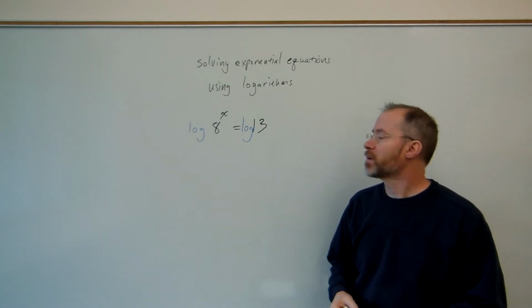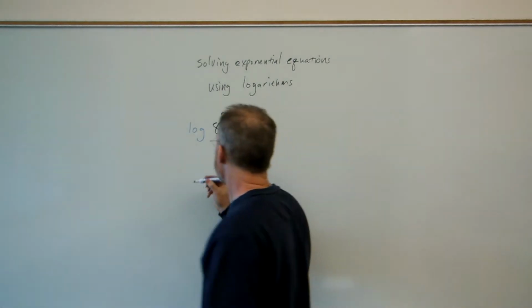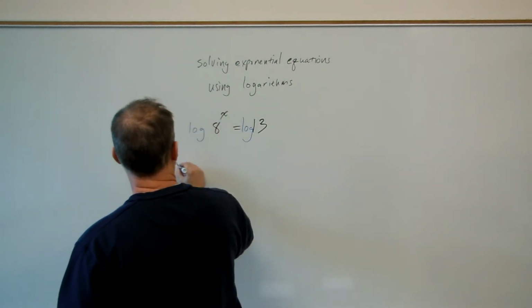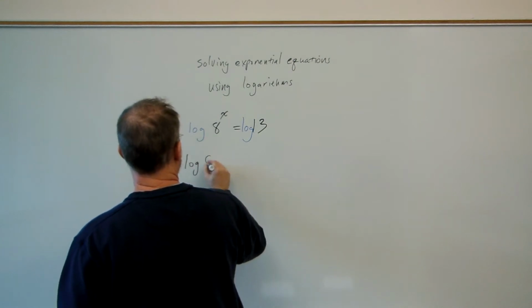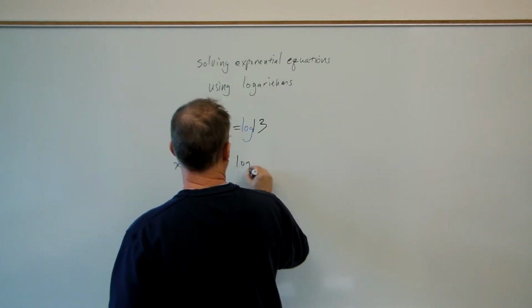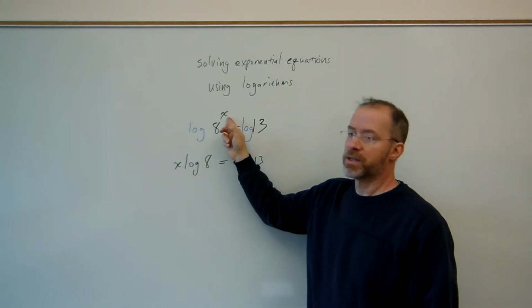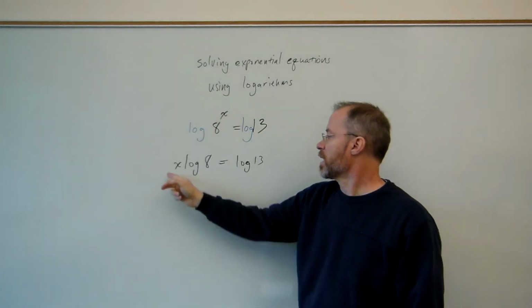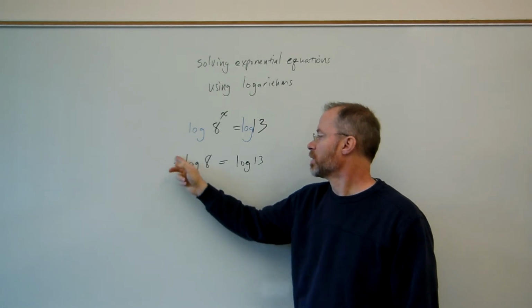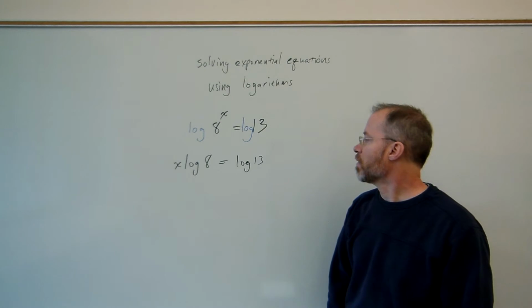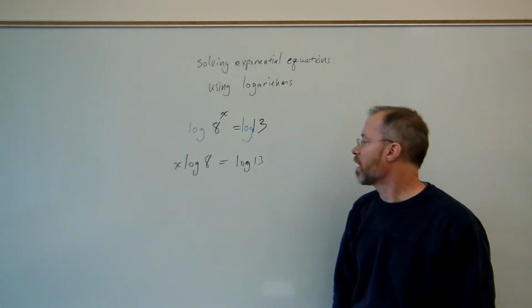And what's powerful about taking a logarithm on both sides is then you can use this very handy property of logarithms that says that the power inside the log argument is the same thing as just a multiplier, x times the log base 10 of 8. That third property of logarithms.